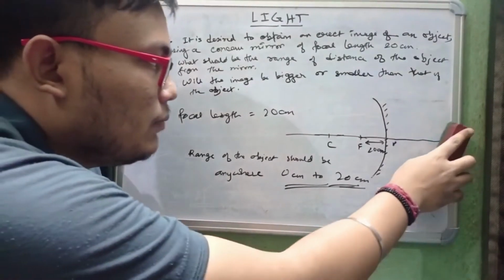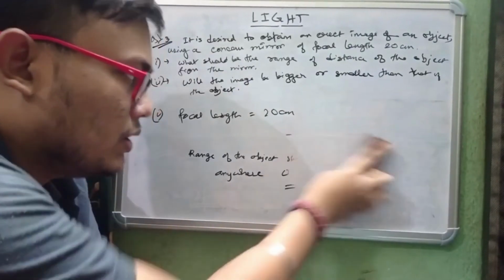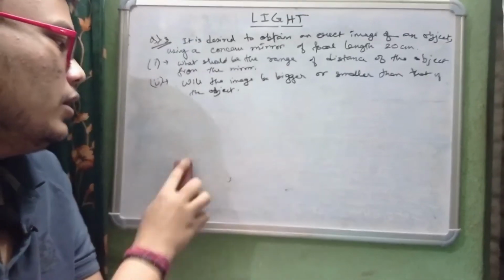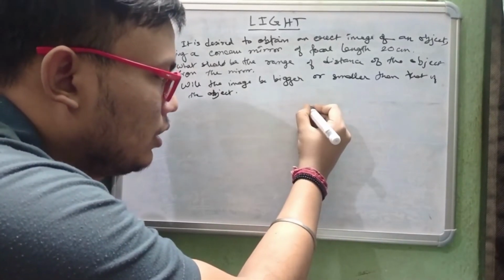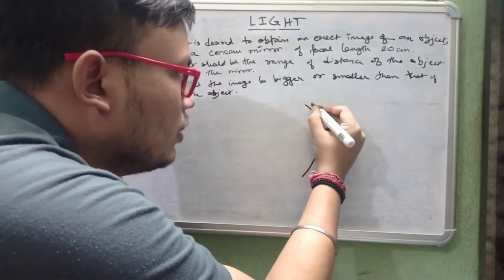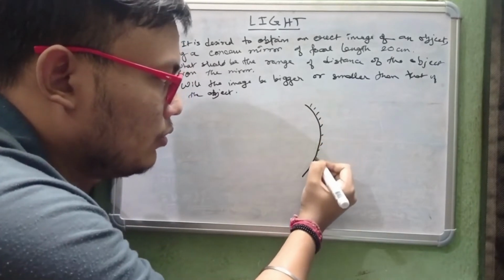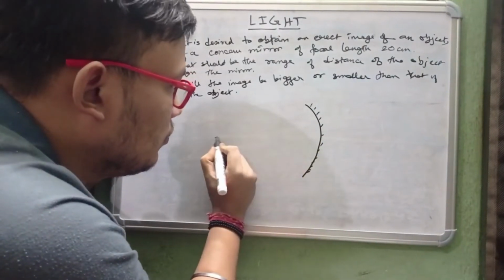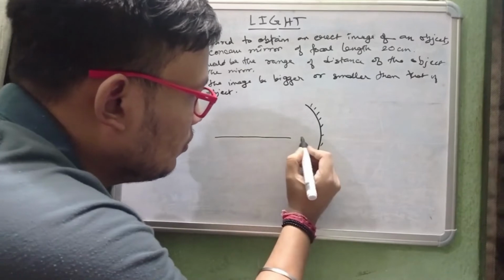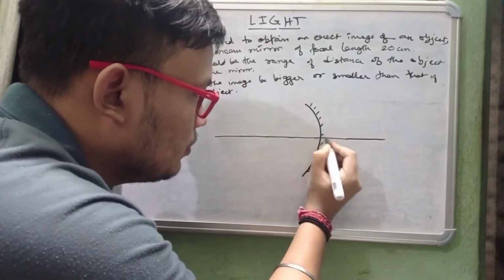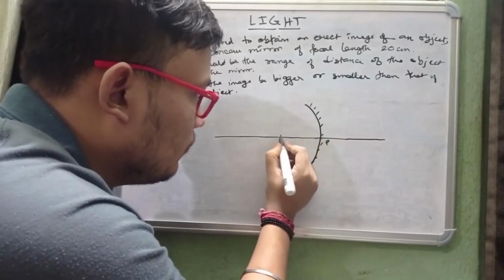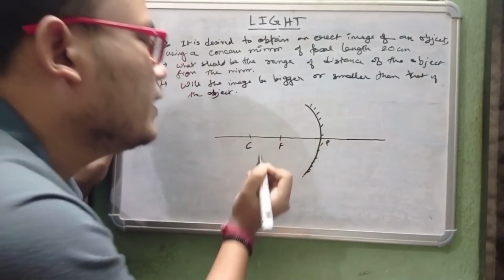Now for the second and the third part, first I'll draw the ray diagram, right? So let's quickly draw the ray diagram. First we'll draw the ray diagram and solve the remaining questions. So this being pole, this being focus, and this is center of curvature.